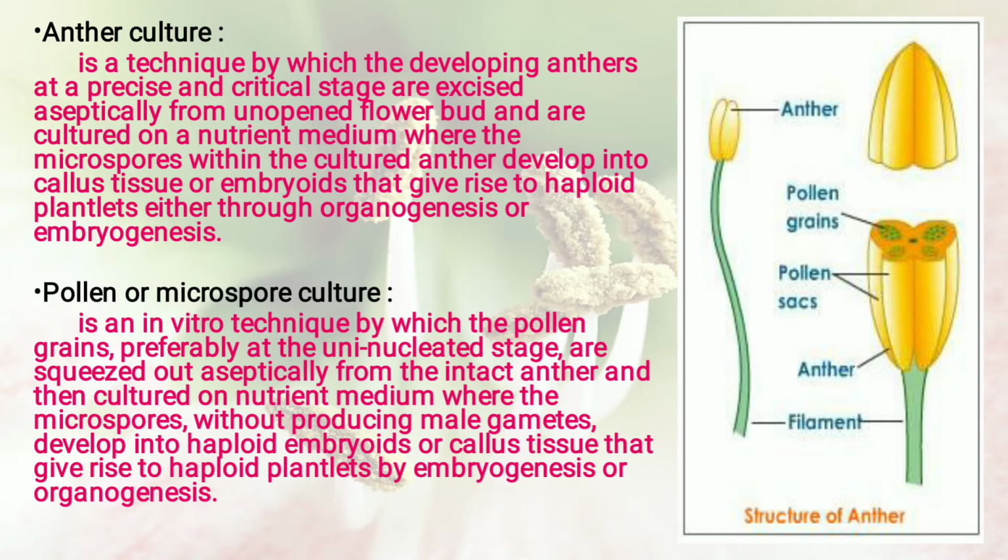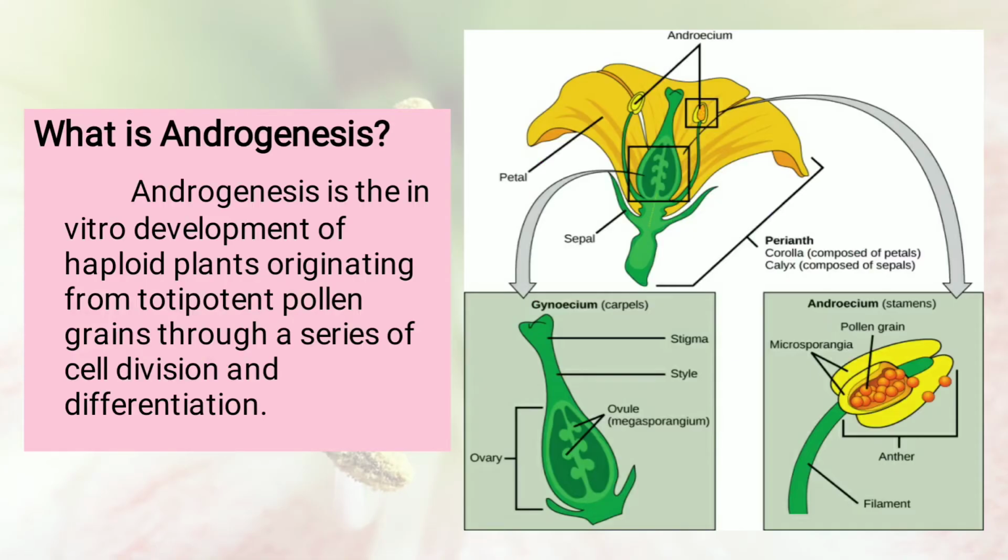Through anther culture, we get haploid plants, with a single chromosome number.